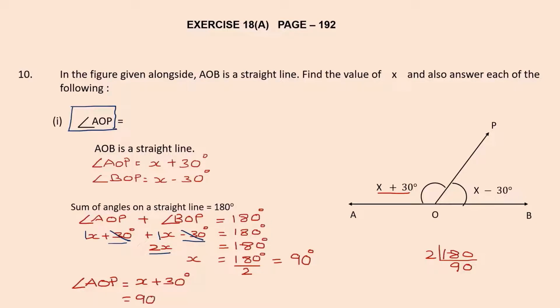So substitute 90 plus 30 degrees. When you add up 90 and 30, you get 120 degrees. So we have found angle AOP to be 120 degrees. So let's write that down. Angle AOP is 120 degrees.